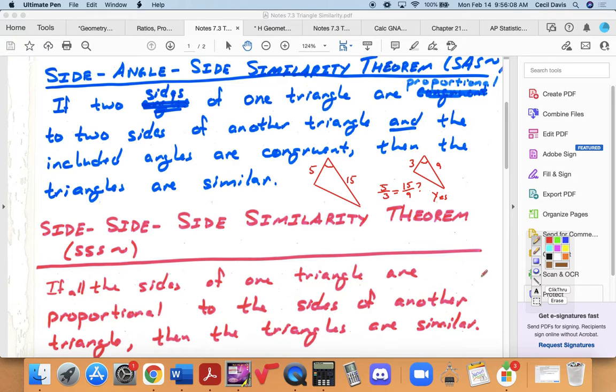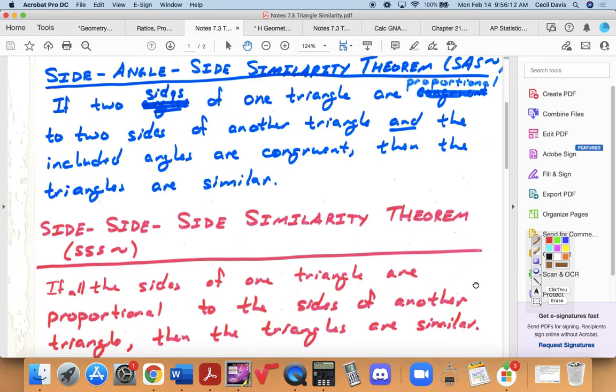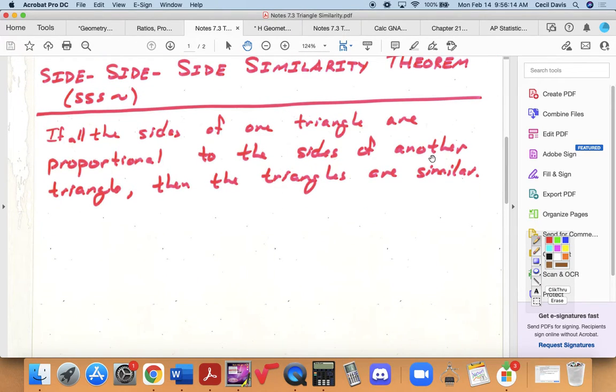All right, and then the last one is side-side-side. It turns out with triangles, if all of the sides are proportional, the angles will take care of themselves. Yeah, it's pretty nice. So let's say that we had two triangles.